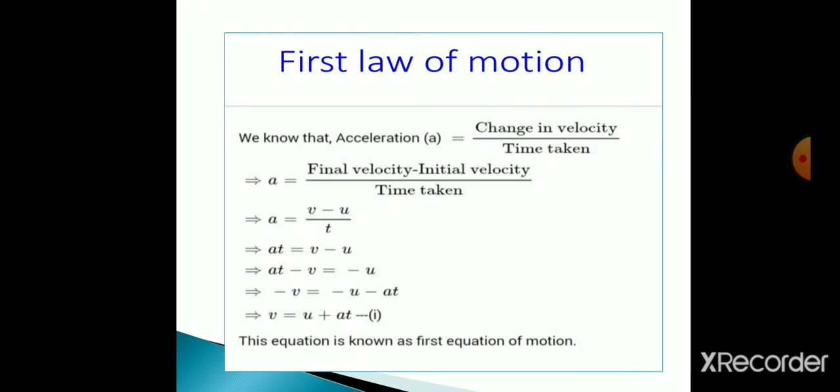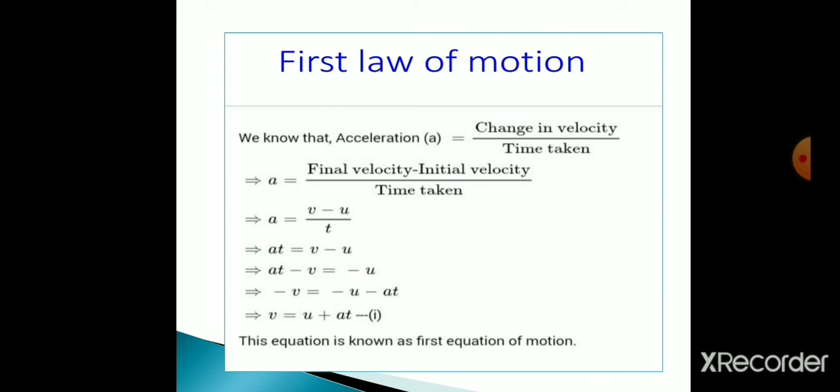For deriving the first law of motion, we know that acceleration a is equivalent to change in velocity by time taken, which can be written as final velocity minus initial velocity by time taken.